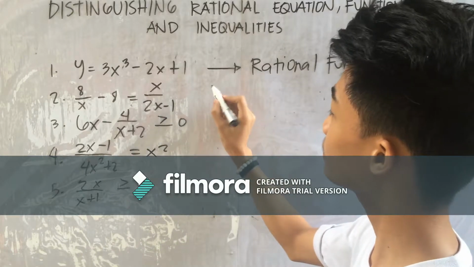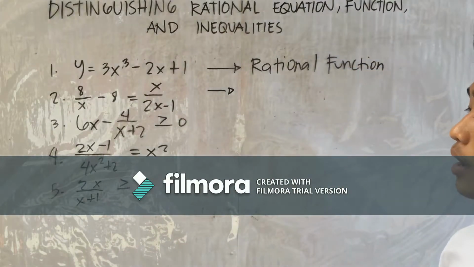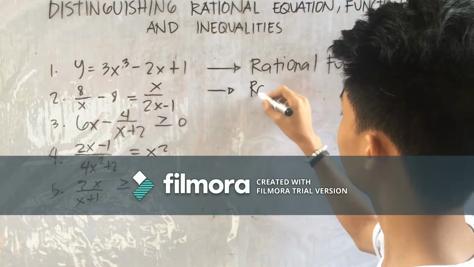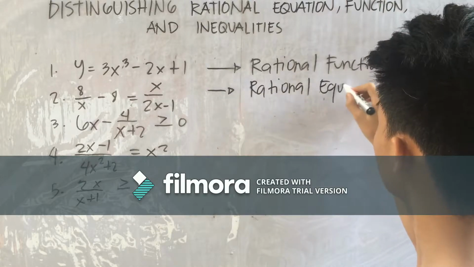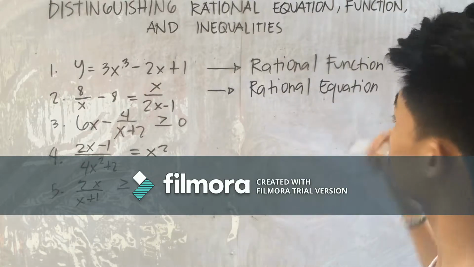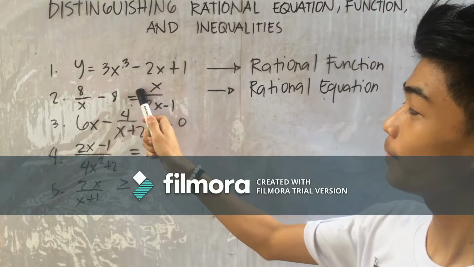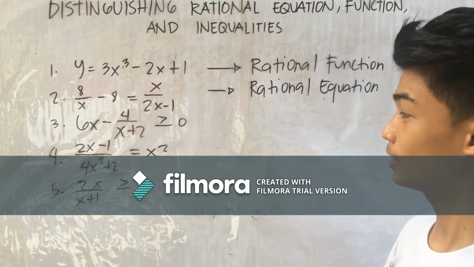So yung next example is 8 over x minus 8 is equal to x over 2x minus 1. This is a rational equation. Kaya naging rational equation yan kasi may sign na equal. Basta yun yung clue doon pag equal.